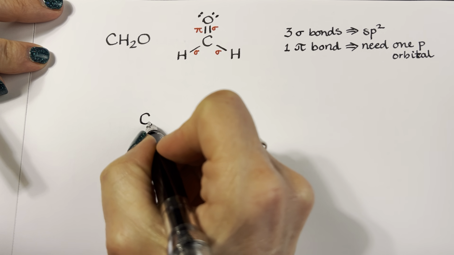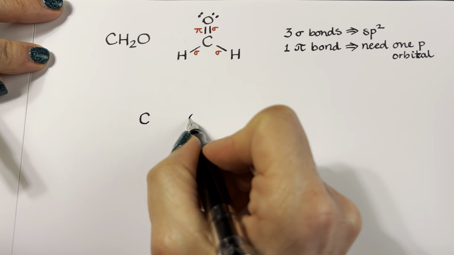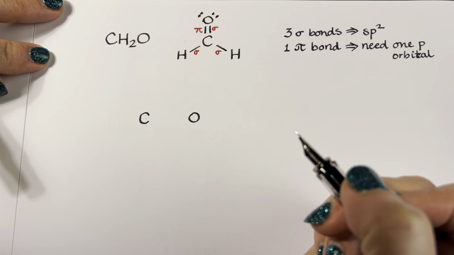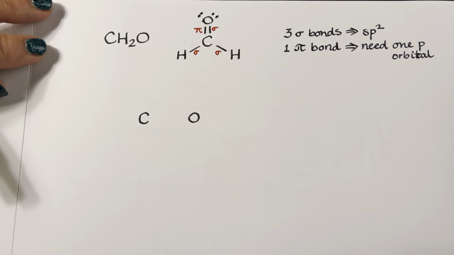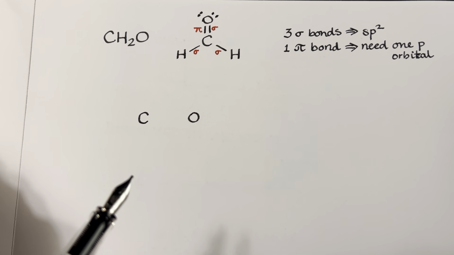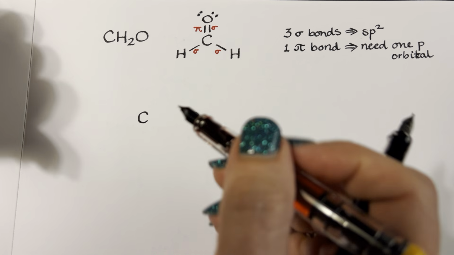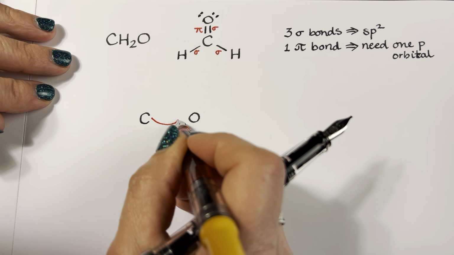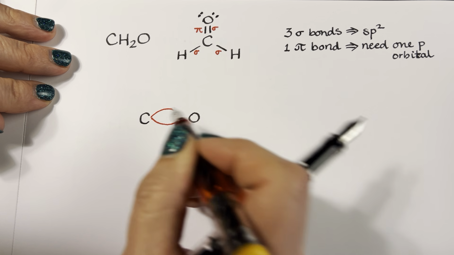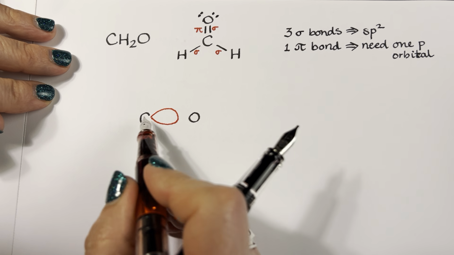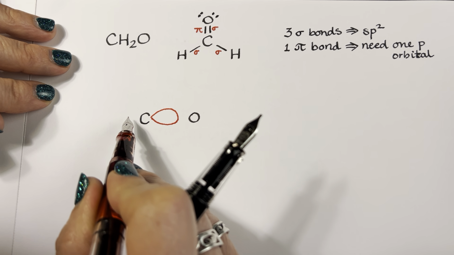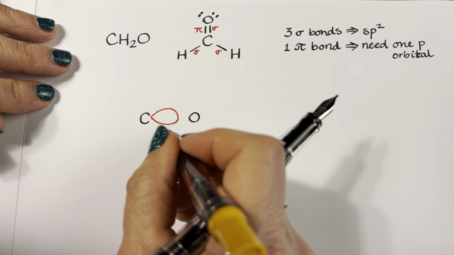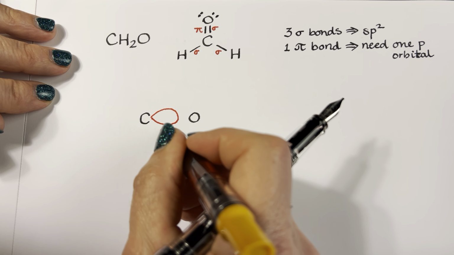There's our carbon and our oxygen. And I'm going to draw these. Maybe I'll use red for this. I'm going to draw a sp2 hybrid orbital. Now, there is another smaller lobe on this side. I'm going to ignore that. Okay. This is our sp2 hybrid orbital.